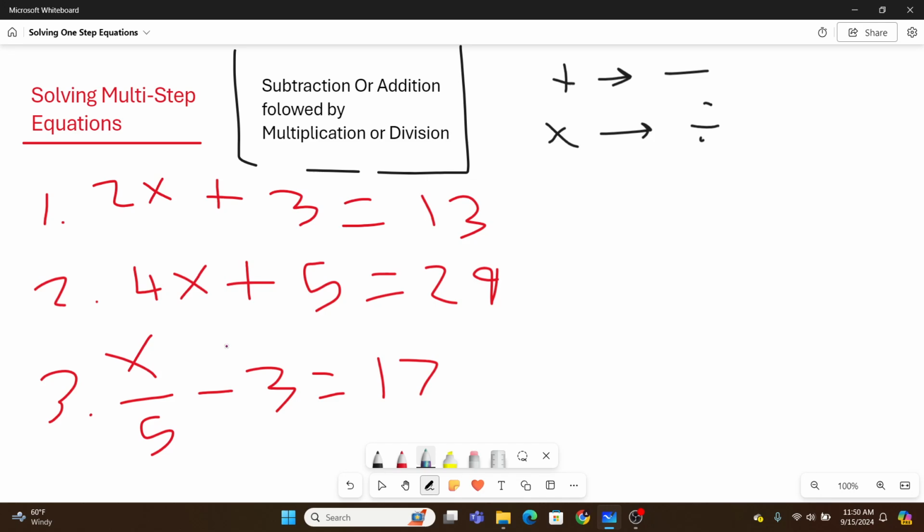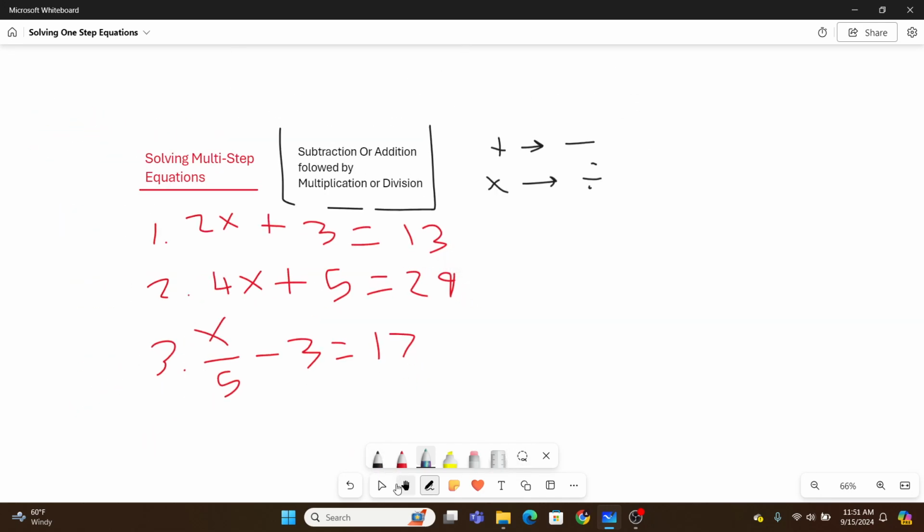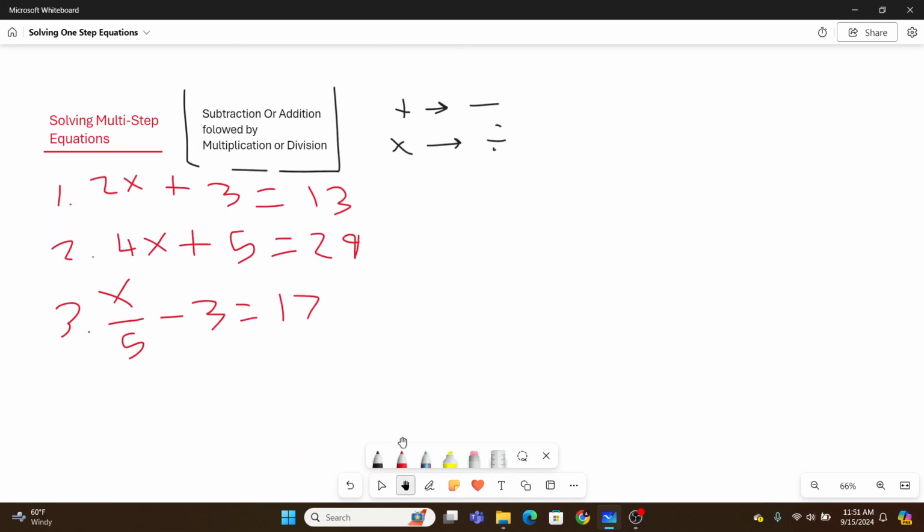Alright, so for the first one, what we will do is start off with subtracting 3 on both sides.